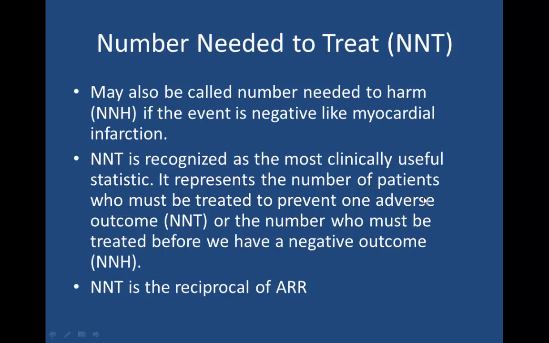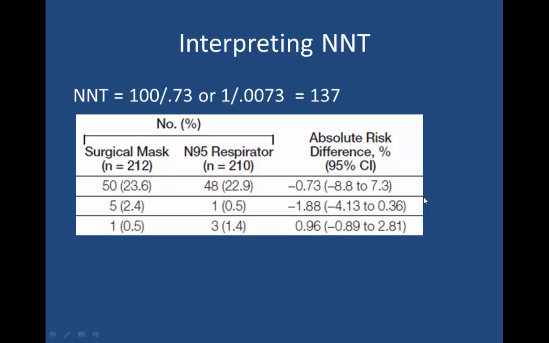And these are calculated exactly the same. It's just if we're looking at a positive thing, we call it number needed to treat. If we're looking at a negative outcome, we would call the result a number needed to harm. What does it mean that it's a reciprocal of ARR? Well, to interpret NNT, this is how we calculate it. I need the absolute risk difference first.